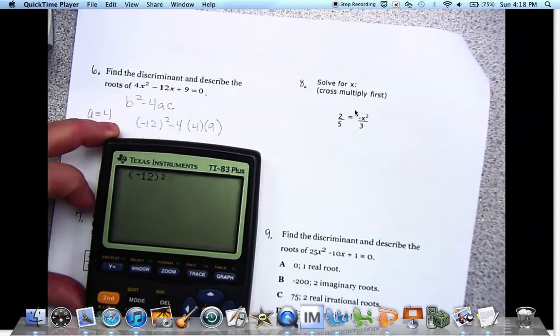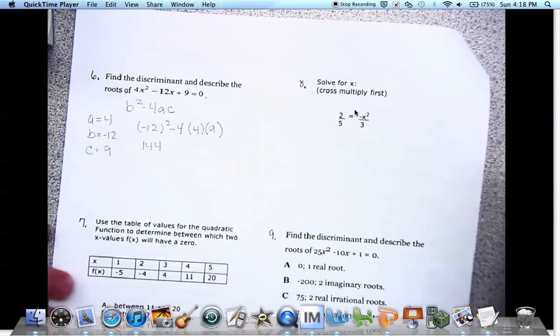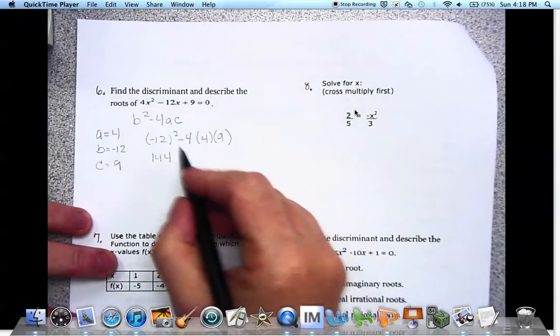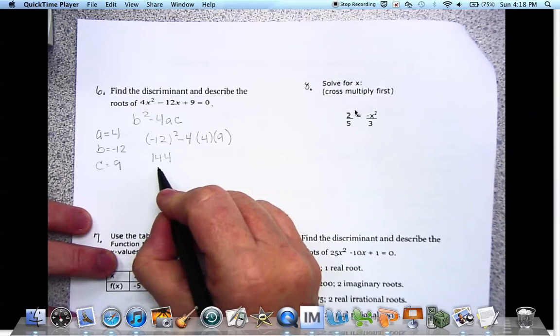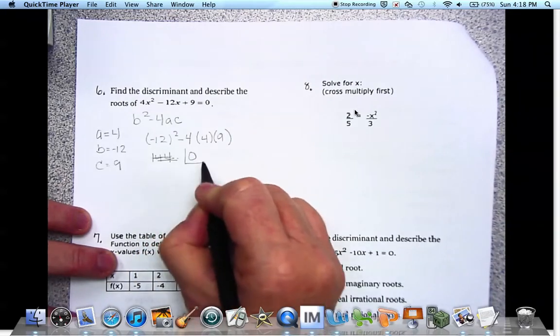Always use parentheses. You will get it wrong if you don't. Minus 4 times 4 in parentheses times 9 in parentheses. Okay, and that gives us 0. It's interesting. So I'm going to mark that out and put 0 here.